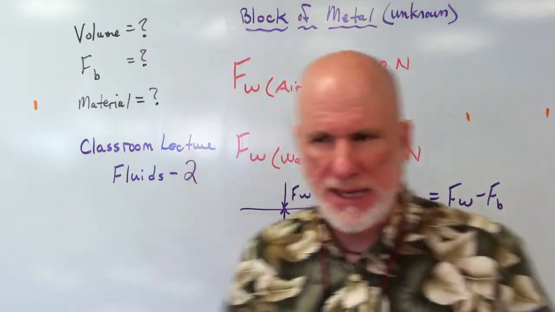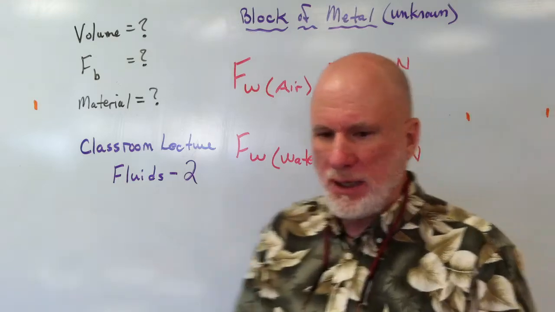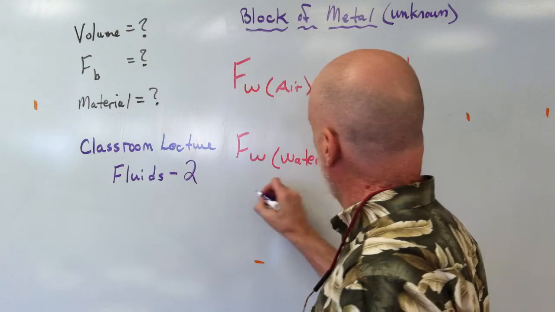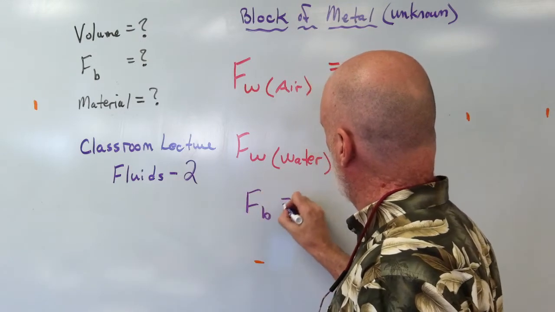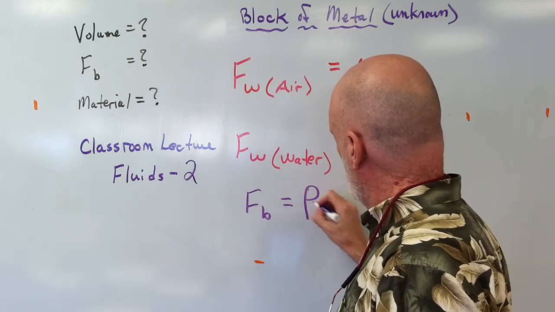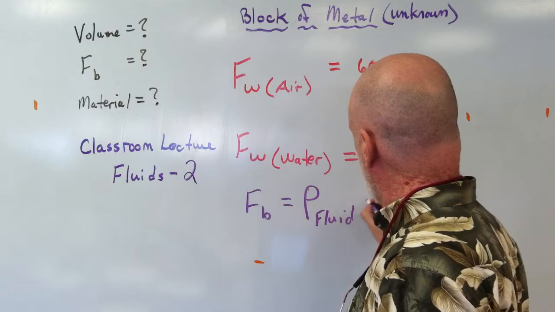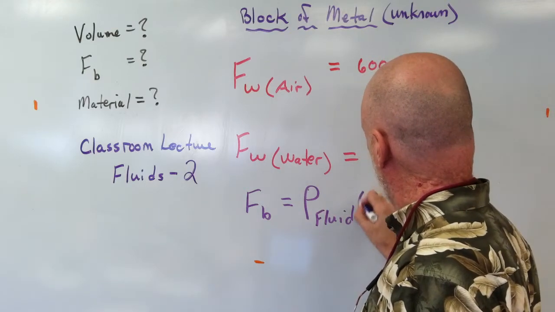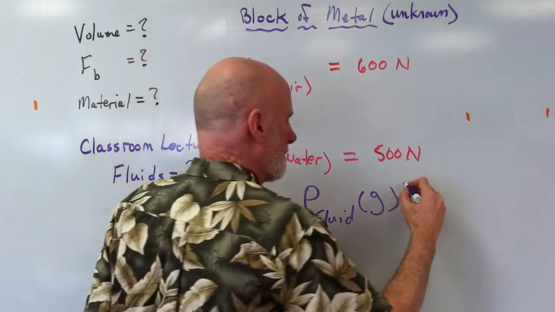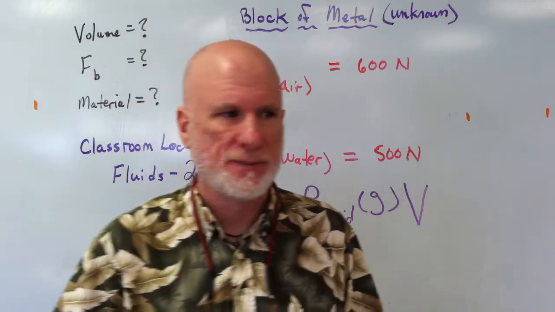Now, let me erase that to save room here. The equation for buoyant force is going to be the density of the fluid times g times the volume of fluid displaced.